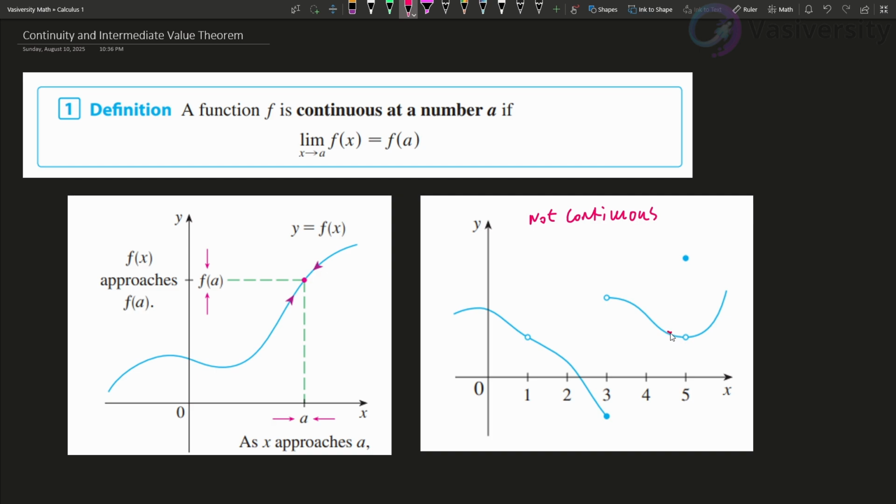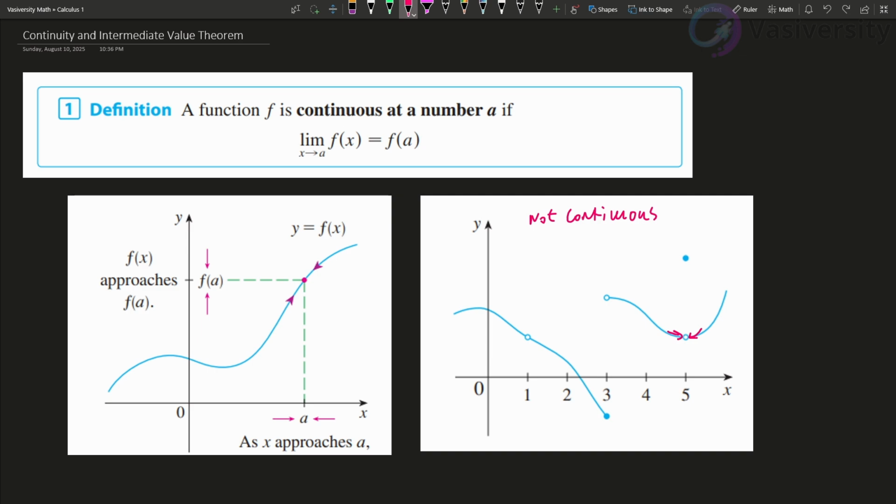If we go from the left, it's going to be this value. If we go from the right, it's also this value. But if we evaluate f at a, it's all the way up here. So these two will not be equal, even though both exist and are well defined, and the function is not considered continuous. So we always have to double check every time we work on something.